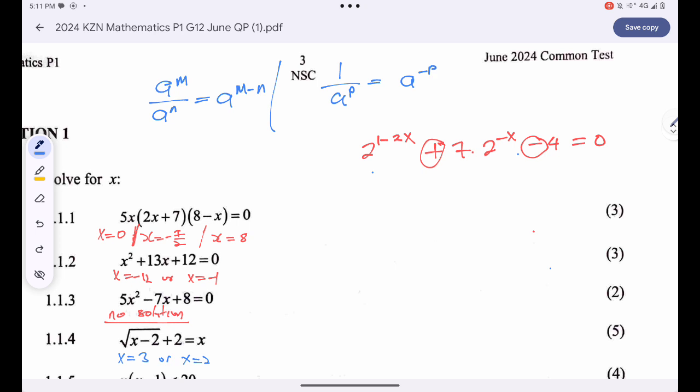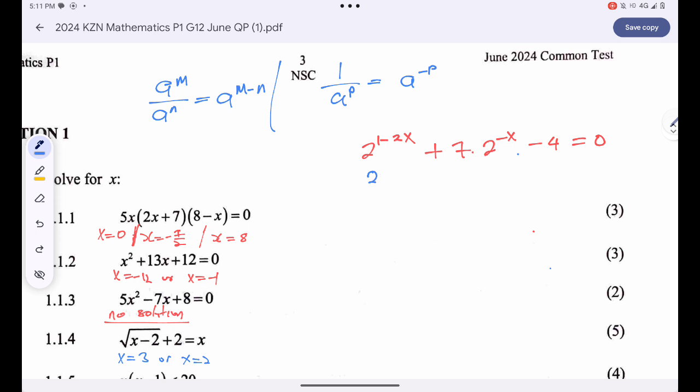Okay, how can I separate these exponents over there? They are subtracting one another. If my exponents are subtracting one another, it simply means that I had terms of the same bases dividing one another.